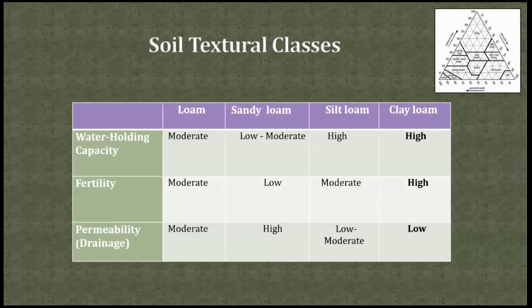For example, loam is considered the gold standard in soil, with good quantities of sand, silt, and clay, giving it moderate ability for holding water, drainage, and fertility. In comparison, clay holds water longer, is rich in nutrients, and does not drain quickly.